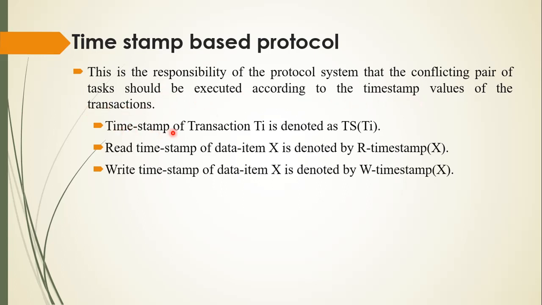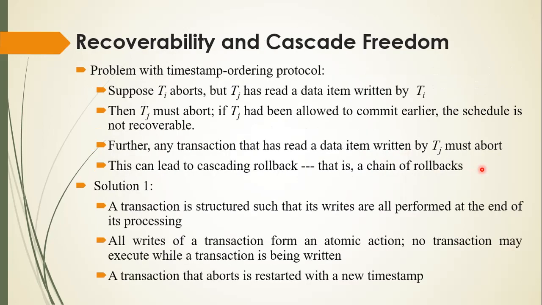The timestamp of transaction Ti is denoted as TS(Ti). The read timestamp of data item X is denoted by R-timestamp, and the write timestamp of data item X is denoted by W-timestamp. So these are the three notations: TS of Ti, where i may be 1 2 3 4 5, R-timestamp and W-timestamp.